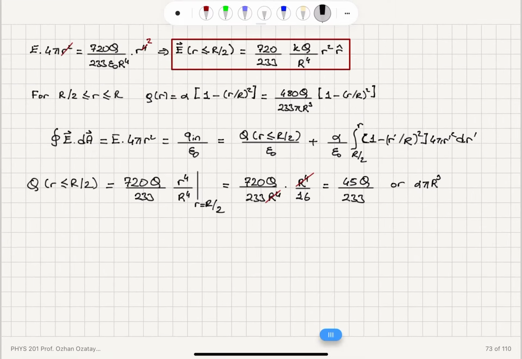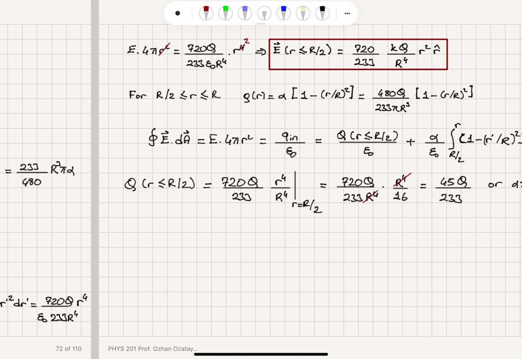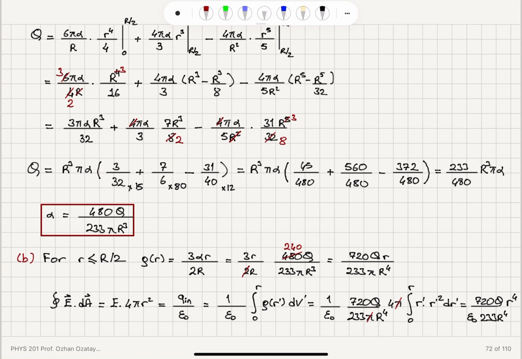So for Q, we can substitute this result. Q is 233 pi alpha R cube over 480.